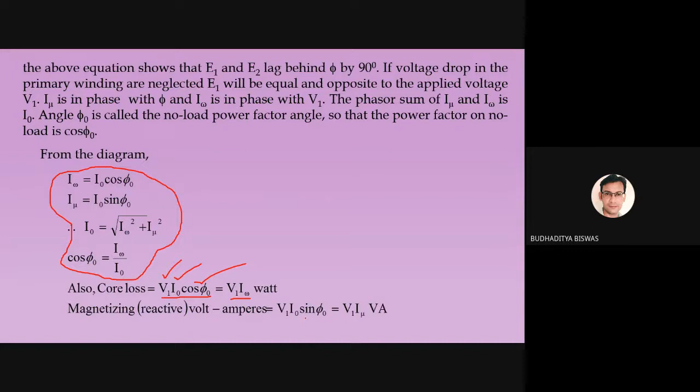The magnetizing component equals V1 I0 sin phi 0, or V1 I mu. Its unit is VAR, volt ampere reactive. Remember this term: active power is always in watt, apparent power is VA, and reactive power, which is consumed by inductance and capacitance, is VAR.